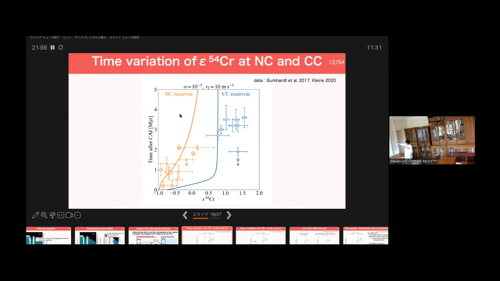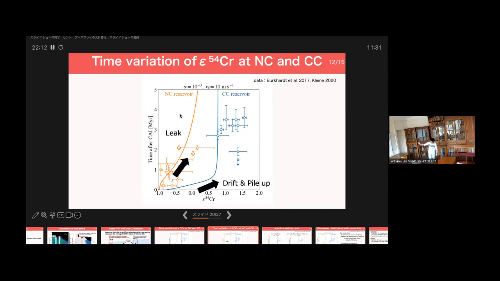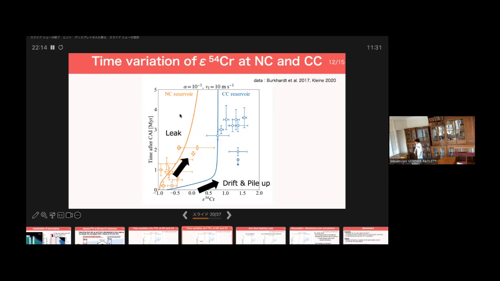But the epsilon chromium value for the CC increases until 1 million years. The reason why this trend is occurring is the effect of dust leaking. In our simulation, dust particles leak for several million years.